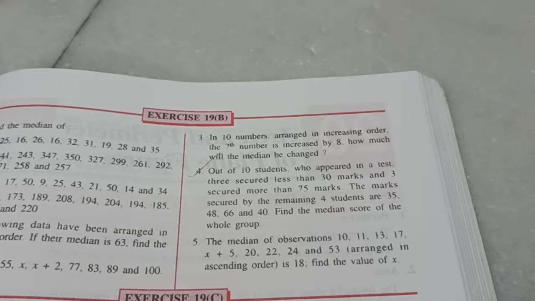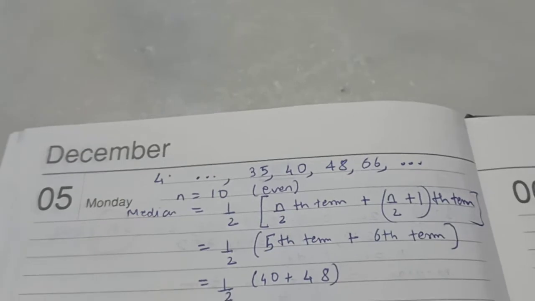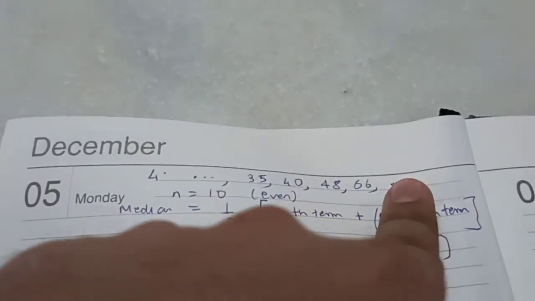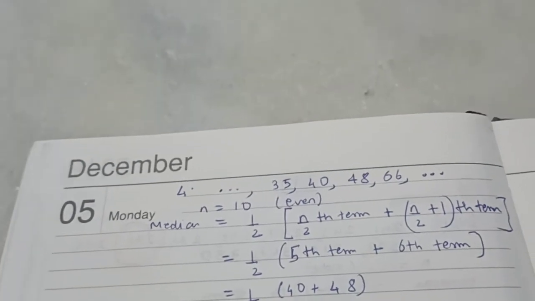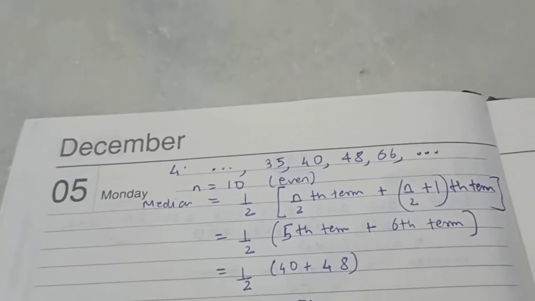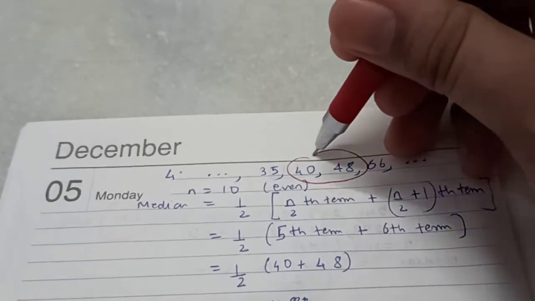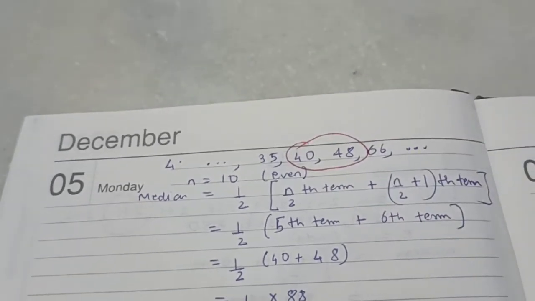It's mentioned that 3 of them secured less than 30 marks and 3 secured more than 75 marks. And the remaining marks we can arrange in the ascending order. So we've got 3 out here and 3 out here. We don't know the marks, but it's okay. At least it's symmetrical. So it seems that the 5th and the 6th term will be the median.